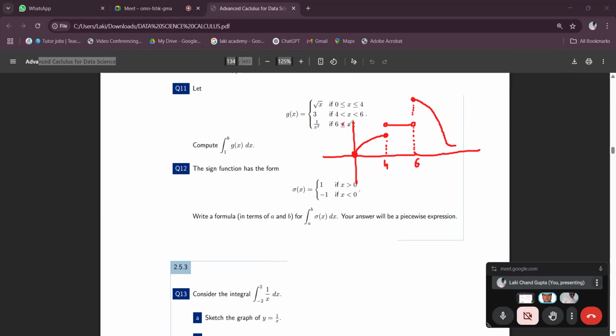So for 6, it's open and closed. Yes, we take open closed at 6 and open at infinity. Right? Yes. So today you understand everything? Yeah, thank you very much. Appreciate it. Okay.